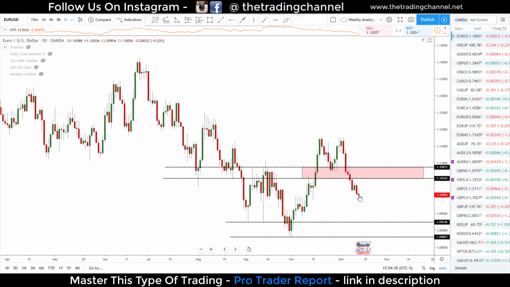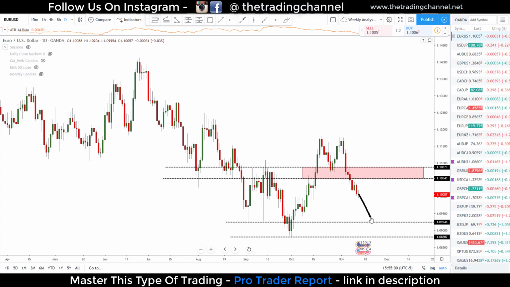If this market goes up, I will be looking in this area in red for possible shorting opportunities. The reason is because this is the most previous level of structure support that was broken. It also has been reacted to as resistance and support multiple times in the past. So with that being the case, this is an area I'll look for shorting opportunities out of the euro dollar.